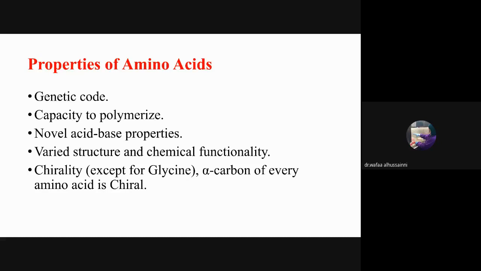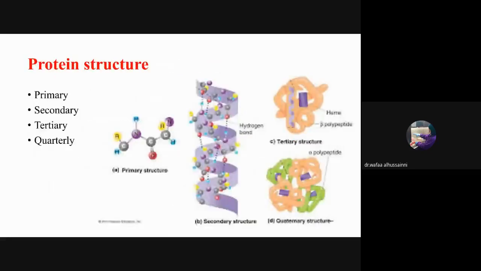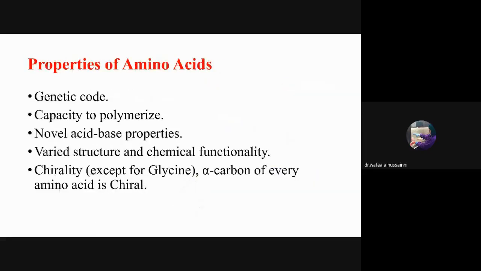Right. So the last, but not least, okay. We have the properties of amino acids. They are genetically coded. They have the capacity to polymerize. What does capacity to polymerize mean? We said they form polymers, which are the polypeptides, which in the end become proteins.